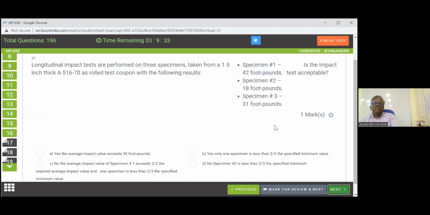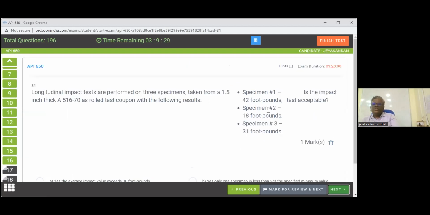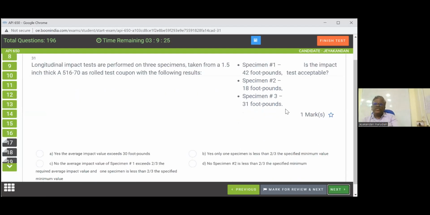Longitudinal impact is performed on 3 specimens taken from 1.5 inch as told. Specimen 1, 42. Specimen 2, 18. Specimen 3, 31. Is the impact test acceptable? You have to see what is actually required for 1.5 inch. 516 grade 70 normalized. First you have to find the group. What is the group?